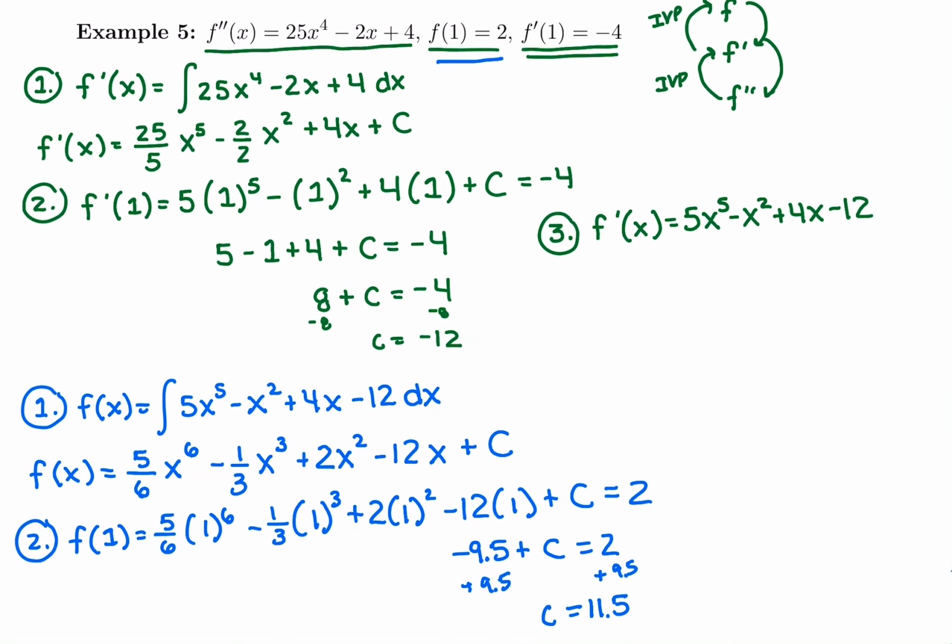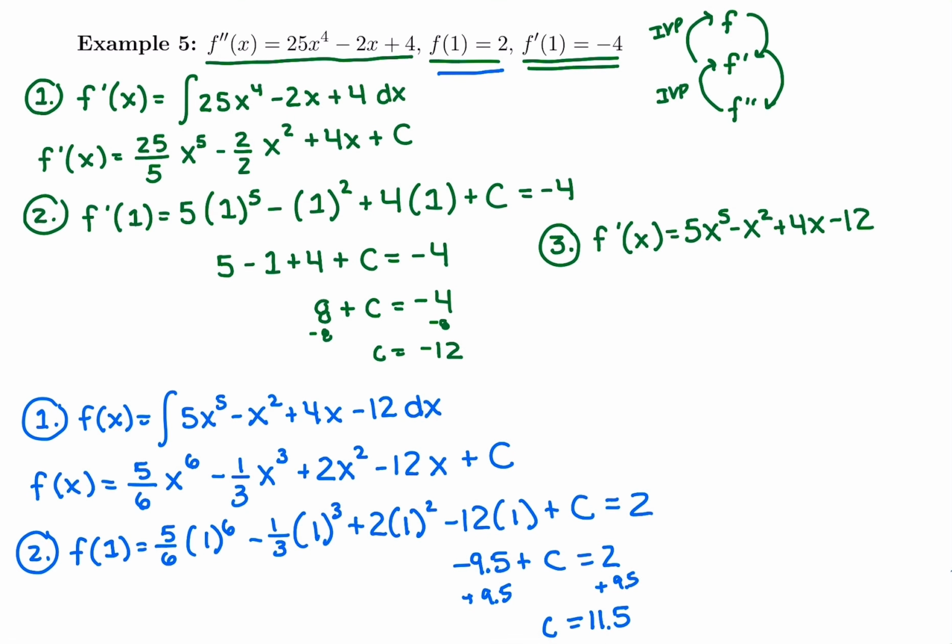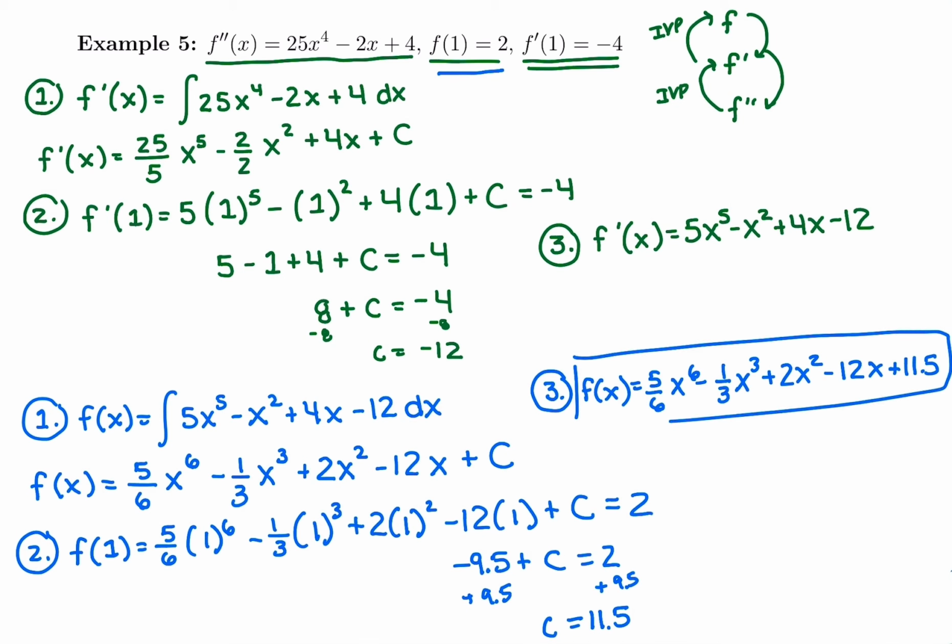So my third and final step with this, kind of run out of space here, would be f of x is 5/6 x to the 6, minus 1/3 x to the 3rd, plus 2x squared, minus 12x, plus 11.5. There's our final function.